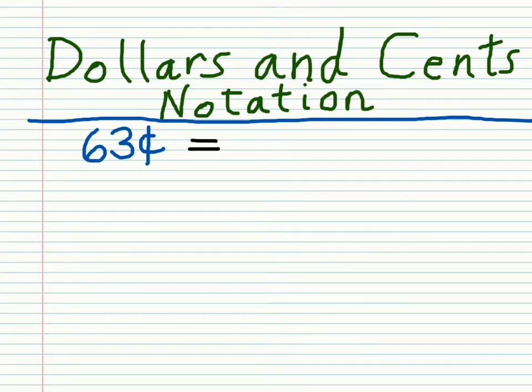To write that in what's called dollars and cents notation, you draw the dollar symbol, and this is where the dollars would be, the hundreds place in cents. So we actually had no dollars, so we have $0, and then you put a decimal point, and the 63 cents goes there. So this is how you write 63 cents in dollars and cents notation.